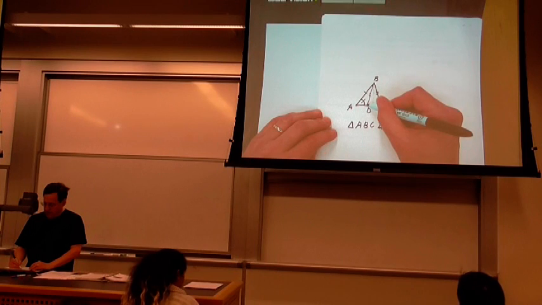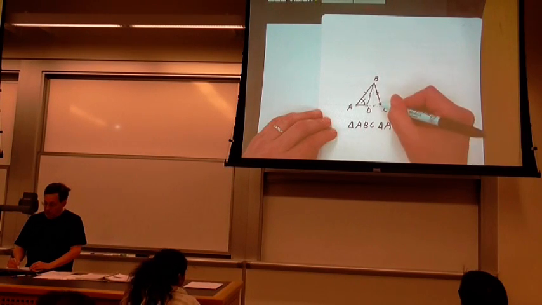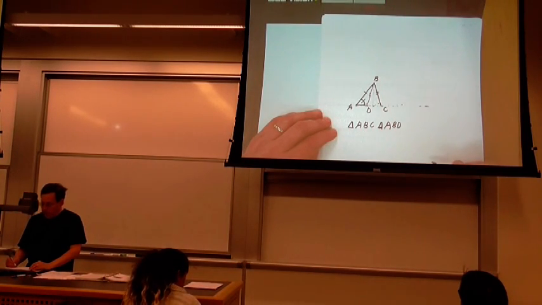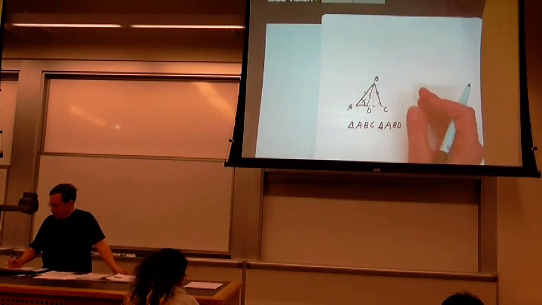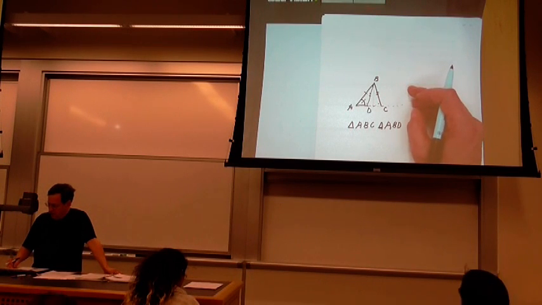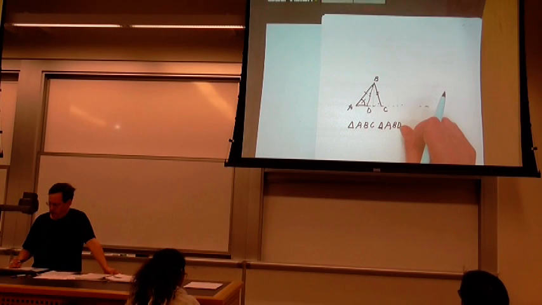In one case, this unknown angle could be an obtuse angle, or it could be an acute angle. So while in geometry we don't talk about SSA, in this class we're going to think of it as kind of an almost theorem.